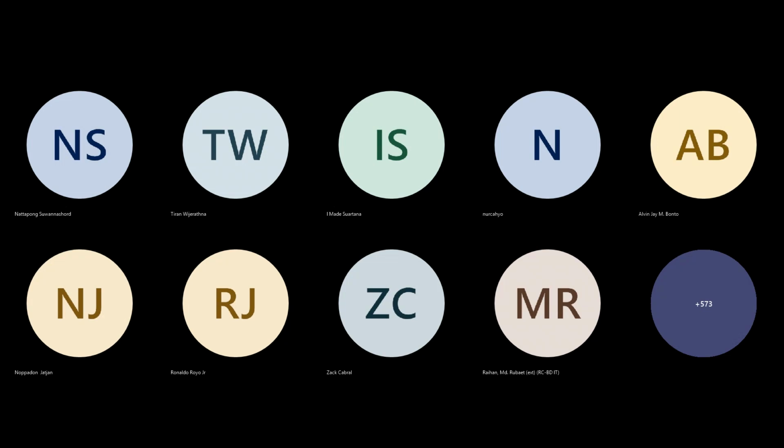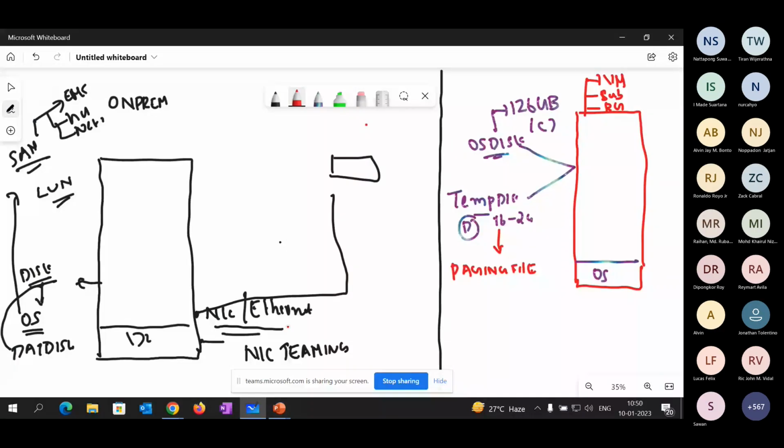Now, if you take a server here, by default your operating system disk comes as 127 GB or 126. In disk management, you will be able to see 126 GB. Technically, 120 GB is applied. If it is a Linux operating system, the size is going to be 30 GB instead of 127 GB. Two disks are configured by default.